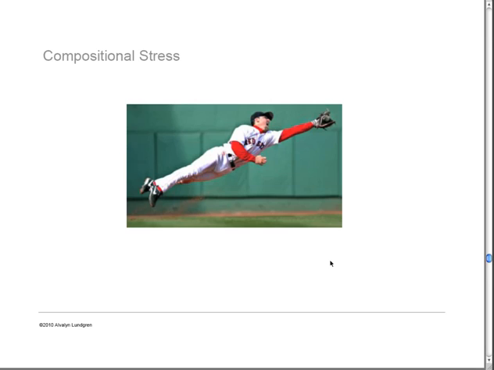For instance, we have a diagonally stressed composition in a horizontal structural shape. So the frame of reference is longer on the horizontal than it is on the vertical, so it's a horizontal structure, but the compositional stress, the movement, is diagonal, and we hope he catches the ball. Unless, of course, you're not a Boston fan.